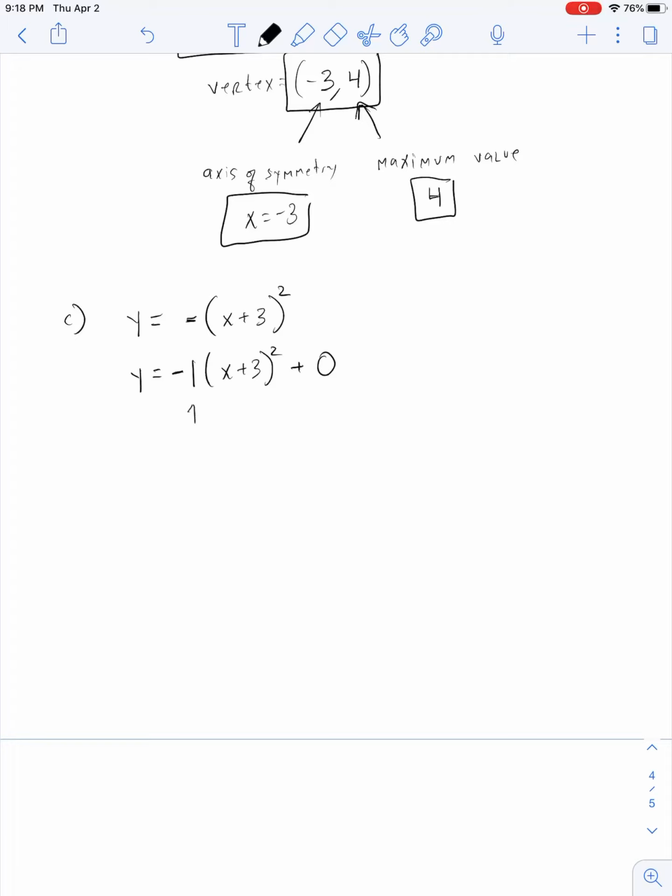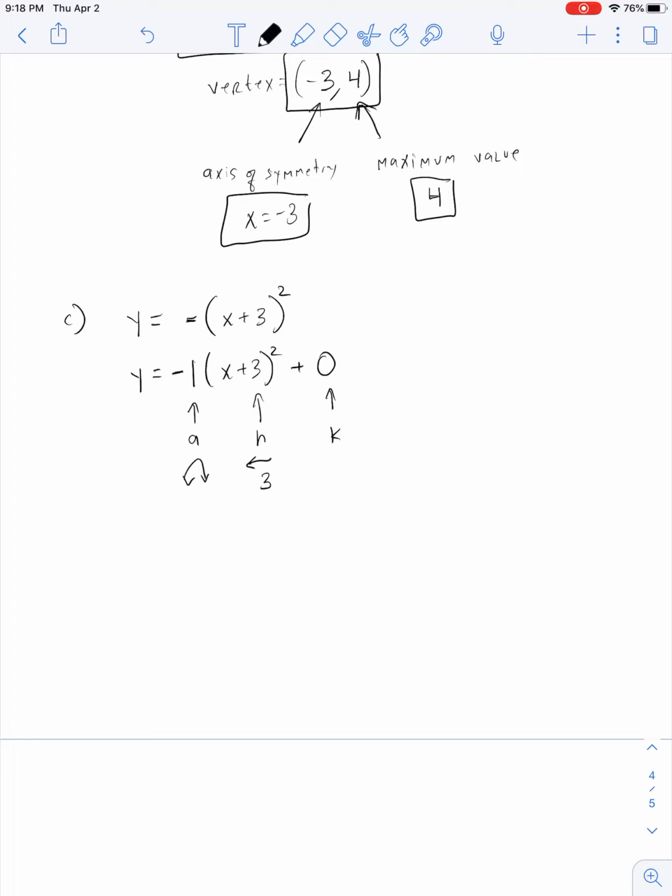So now we know that our a is a negative number, so it goes down. Our h is a positive 3, so when it's a plus, it goes to the left 3. Our k here is 0, which means it's not going to move at all.